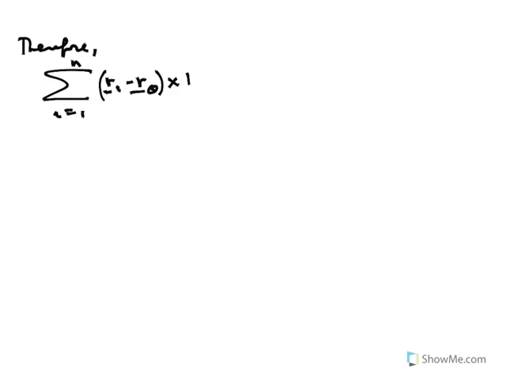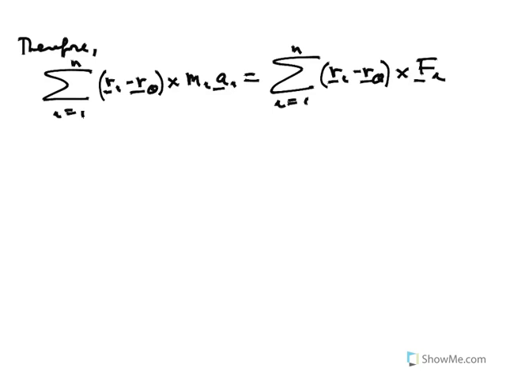So then we obtain the following result, that the sum from i equals 1 to n of (Ri minus Rq) crossed with Fi is equal to the sum from i equals 1 to n of (Ri minus Rq) crossed with Fi.